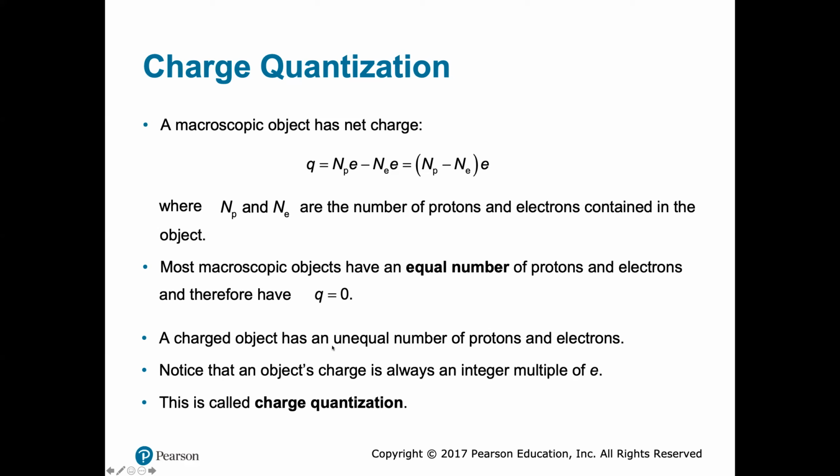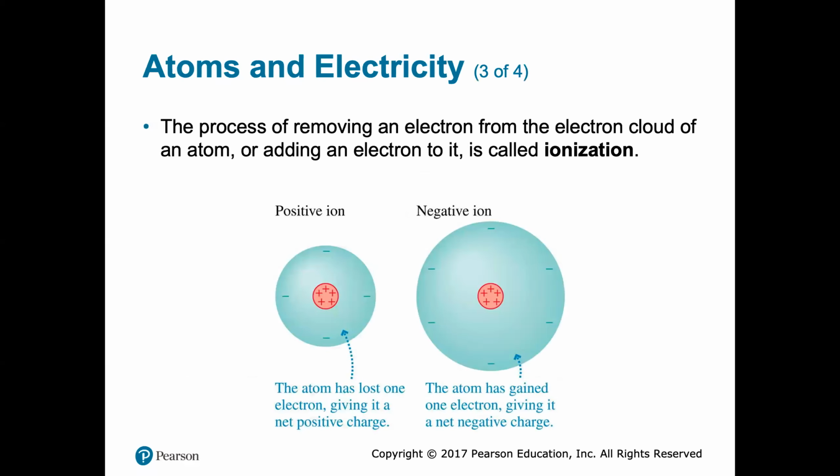A charged object has an unequal number of protons and electrons. Notice that an object's charge is always an integer multiple of e. This is called charge quantization. The process of removing an electron from the electron cloud of an atom, or adding an electron to it, is called ionization.